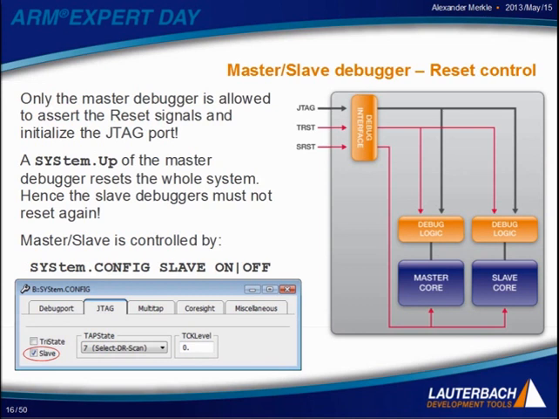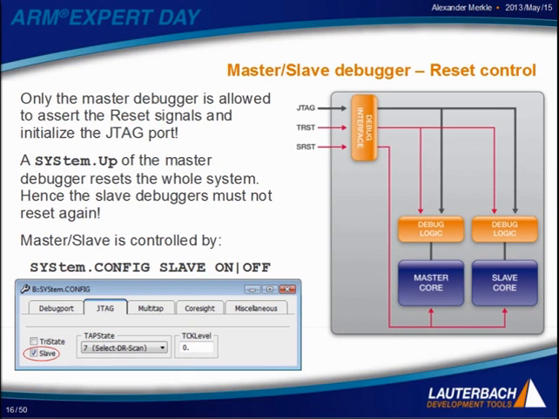Task reset, which is the reset signal for the debug port, and system reset, which is like, for example, your reset equivalent to the reset button on your printed circuit board. System reset as well as task reset are shared signals, which means system reset affects both cores of my chip. Task reset also affects both debug logic of both cores of my chip.